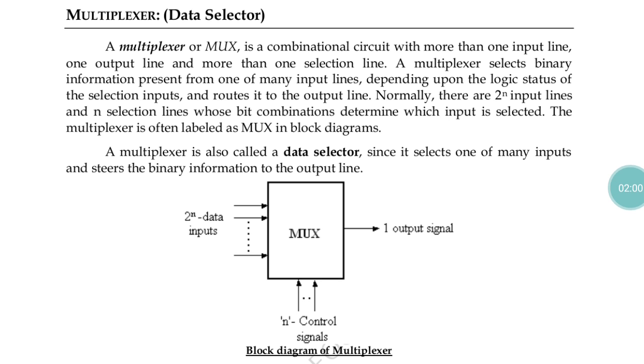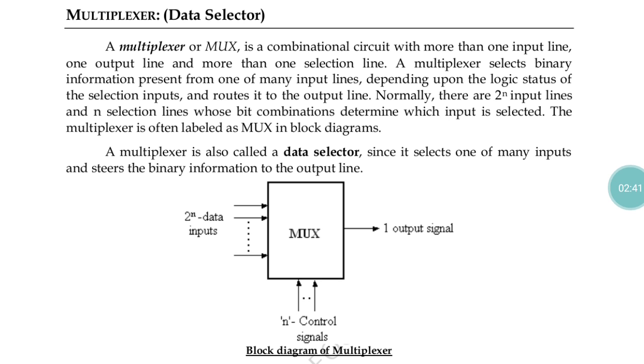So it may be referred to as a 2 to the power of n to 1 combinational circuit, or they can simply ask you to implement a combinational circuit with 2 to the power of n to 1 lines. They may ask like that also. So with 2 to the power of n data input lines, we must have n control signals in this multiplexer.